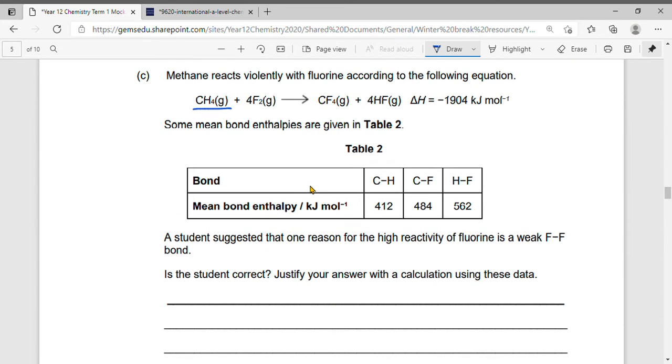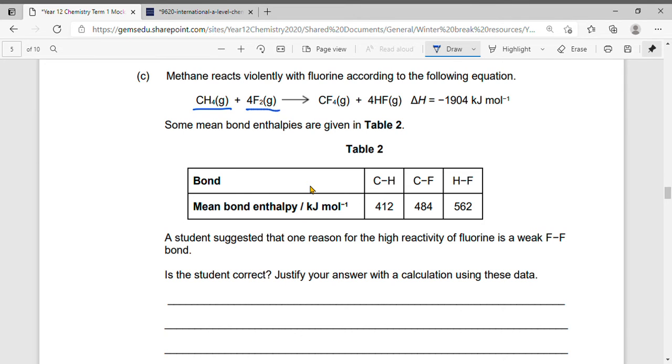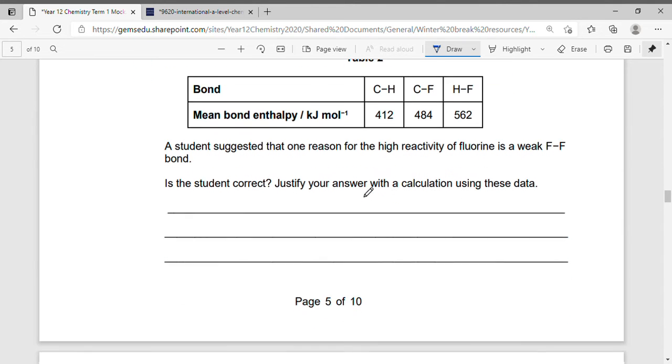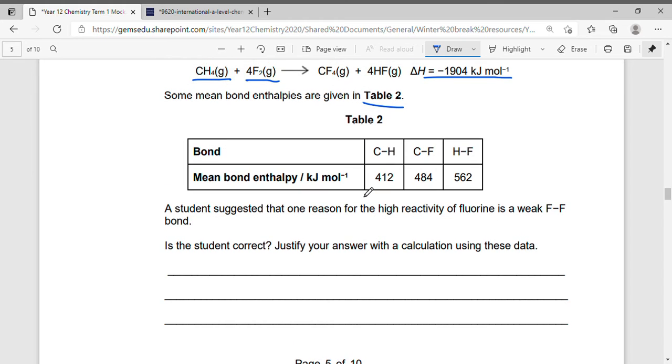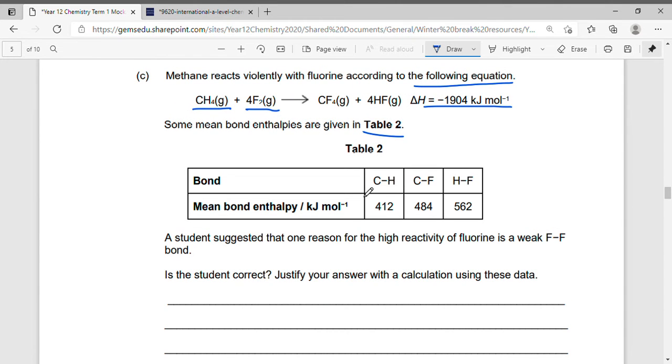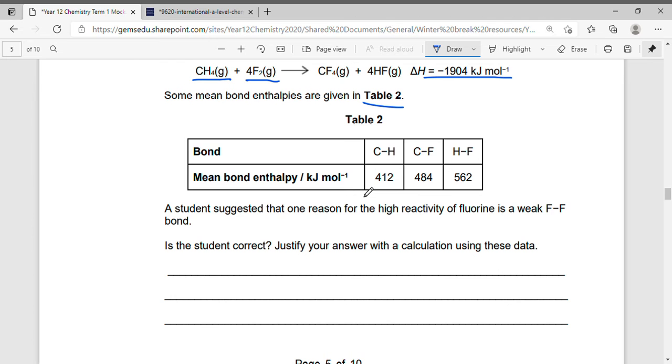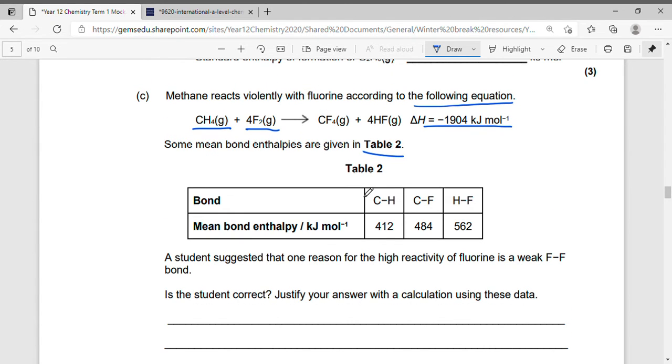Methane reacts violently with fluorine according to the following equation. The mean bond enthalpies are given in Table 2. A student suggested that one reason for the high reactivity of fluorine is the weak F-F bond. Okay, so let's try and find out the strength of that F-F bond here.